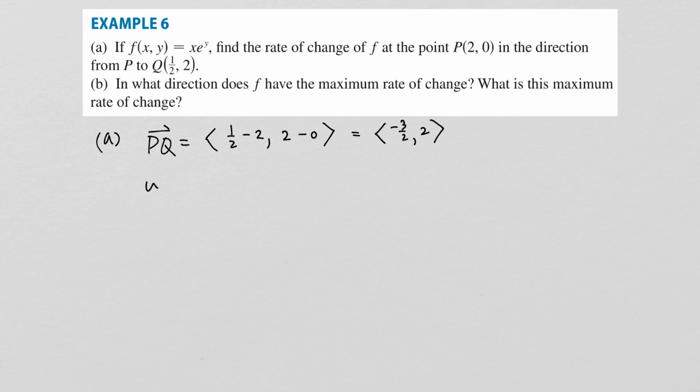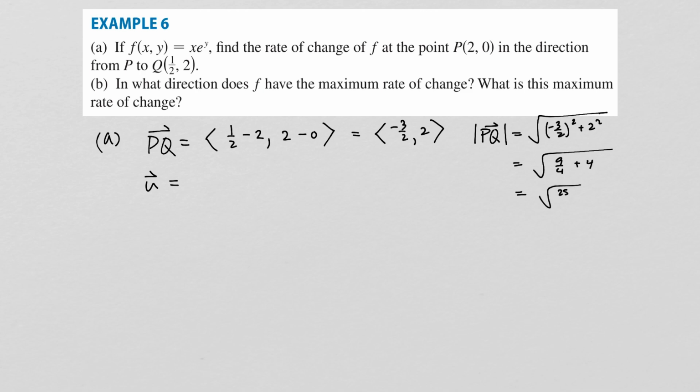Okay, but now we need our unit vector, which points in the same direction as PQ. So we need the magnitude of PQ. The magnitude of PQ is the square root of (-3/2) squared plus 2 squared, which is the square root of 9/4 plus 4, which is the square root of 25/4, which is 5/2.